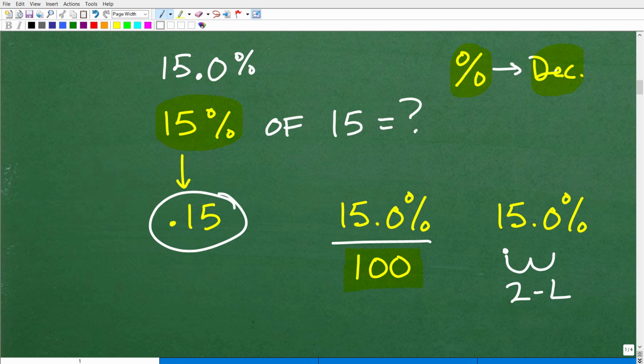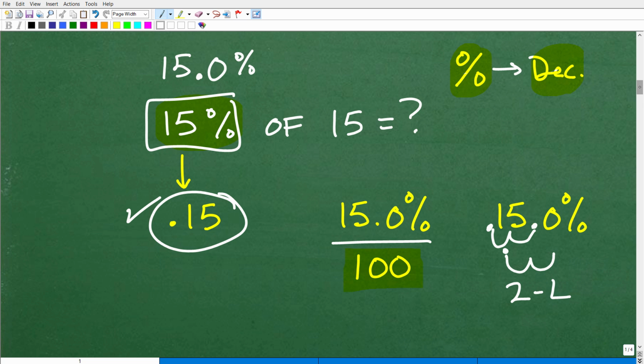So you know where that decimal point is. To get to 0.15, which is our answer, when you divide by 100, that decimal point moves two places to the left. So to go 1, 2, it would land right there. So we have 0.15. That's probably the hardest part of this problem: knowing how to write a percent as a decimal.